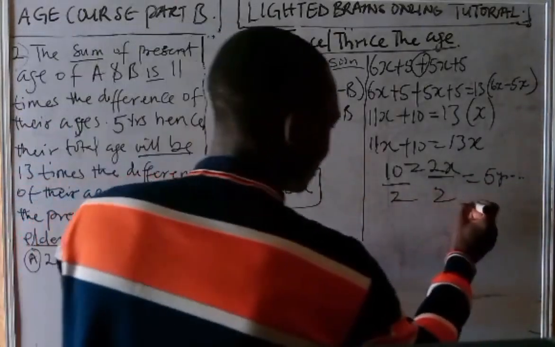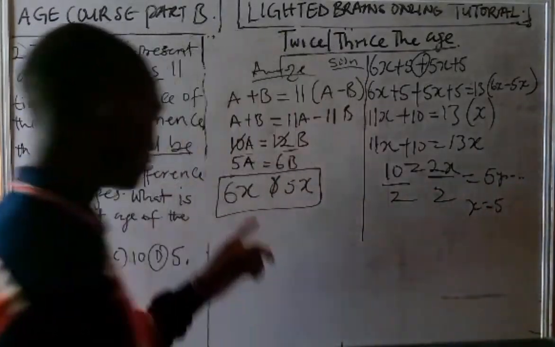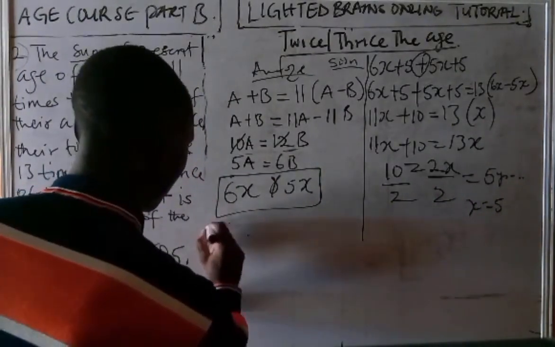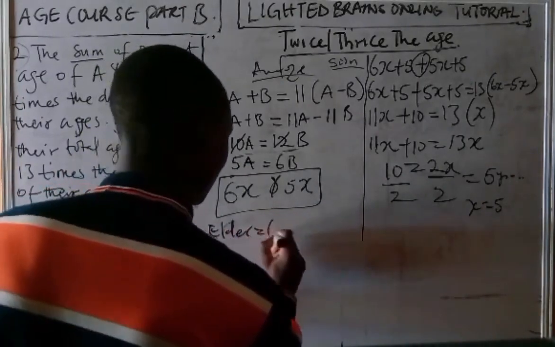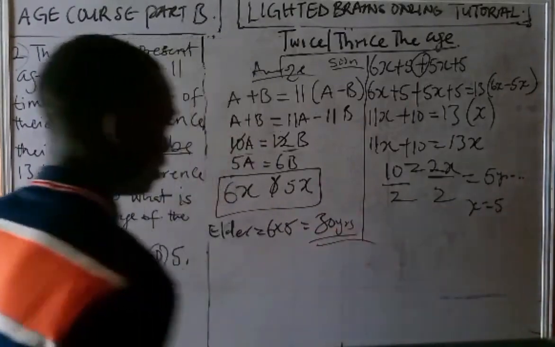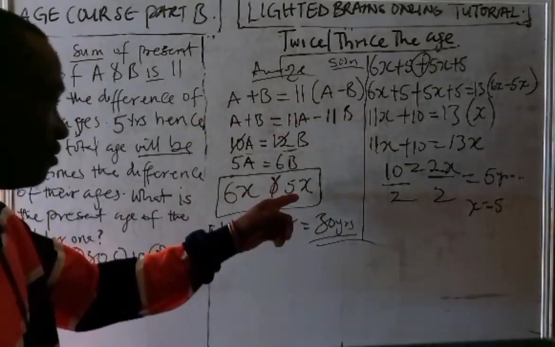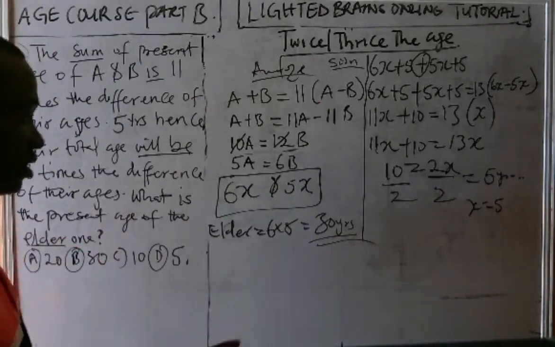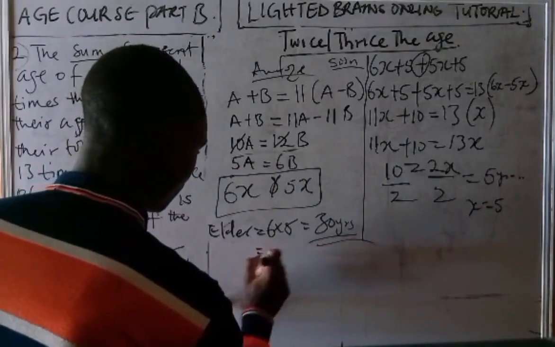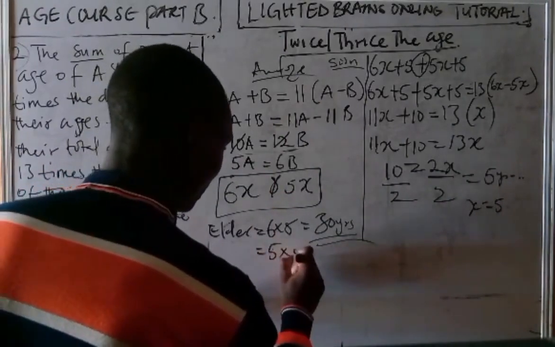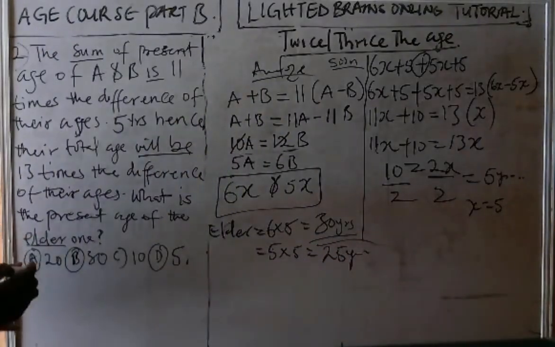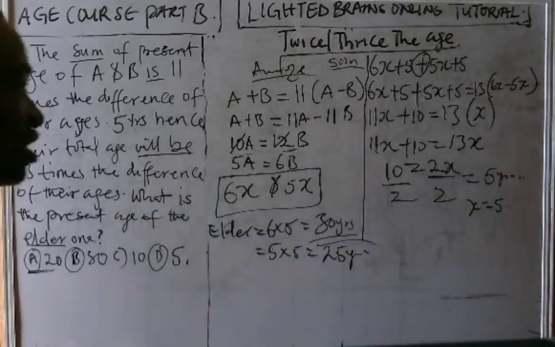So since x is equal to 5, the elder one will be 6 times 5, which is equal to 30. And if they ask you for the age of the junior one, it is 5 times 5, which is equal to 25. But they asked you for the elder one, so anyone that they ask you, you can do it.